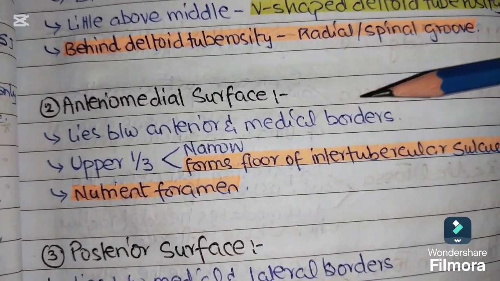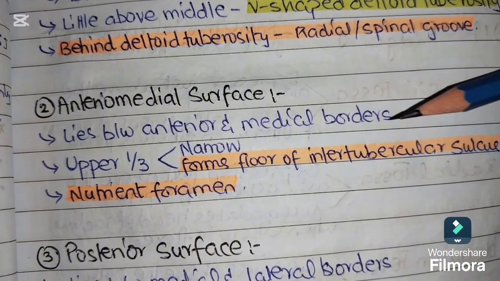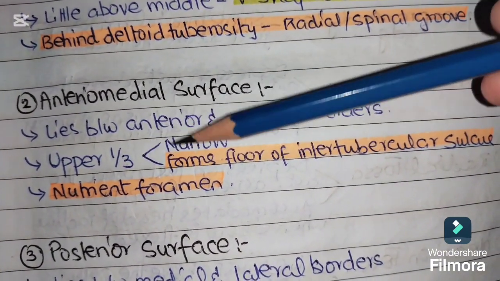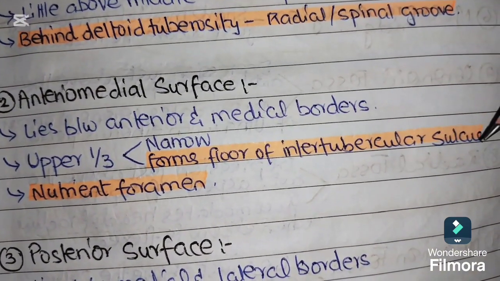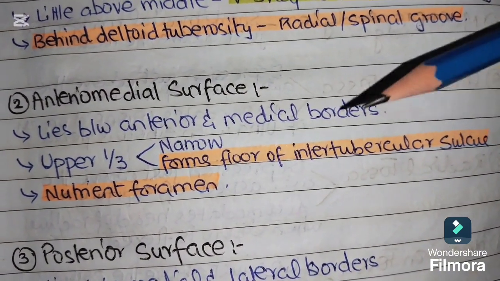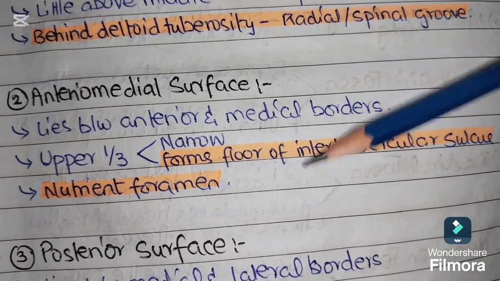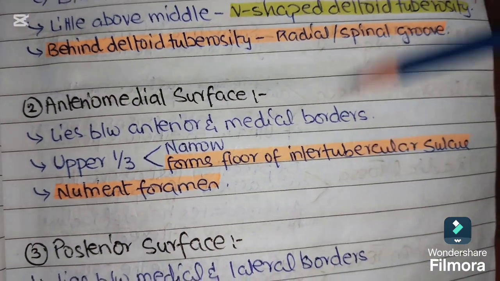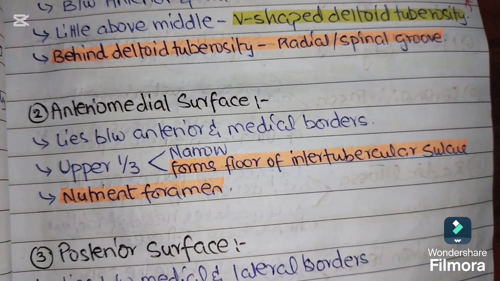Then secondly, we have the anteromedial surface, which lies between the anterior and the medial border, and in its upper one third it forms the floor of the intertubercular sulcus, and it is also the surface where the nutrient foramen is present. Again, very important points to be noted, that what features are present on which surface.